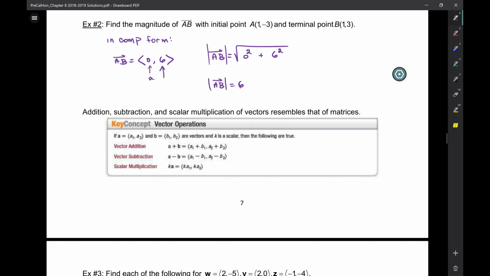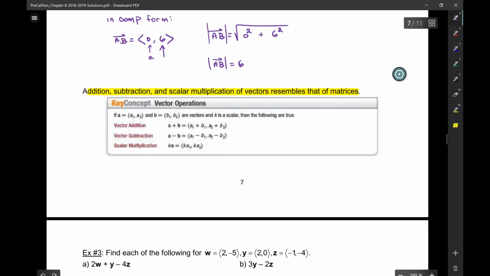Adding, subtracting, and scalar multiplication resemble that of matrices. If I have a vector A, it's got two components.